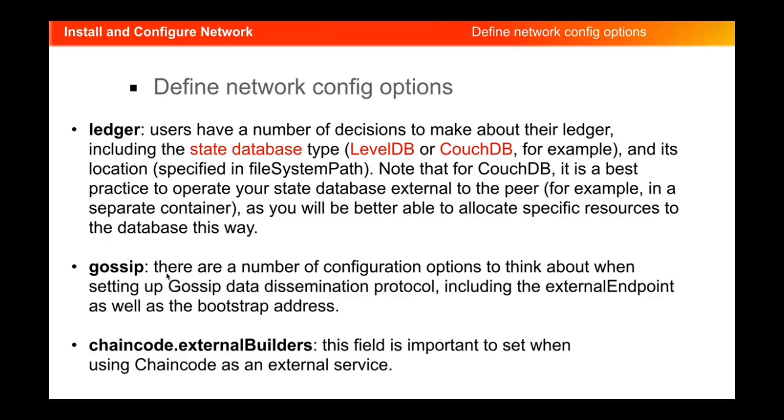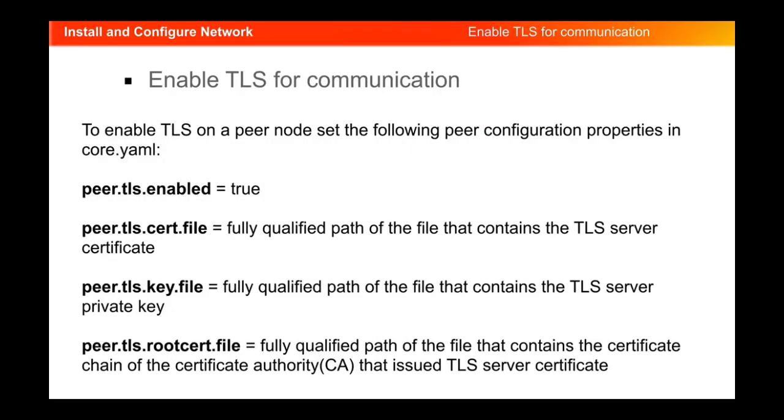You have another property, gossip. The gossip data dissemination protocol is very much necessary for communicating between peers and to other peers as well. You have chaincode.externalBuilders. This field is important to set when using chaincode as an external service.